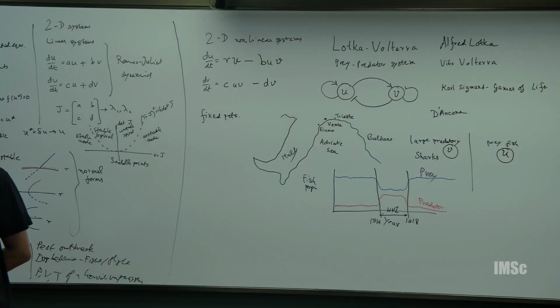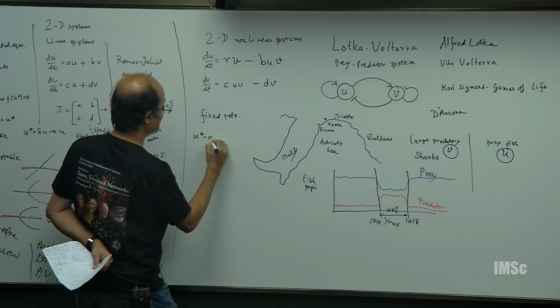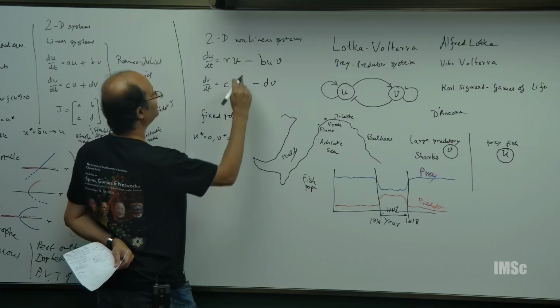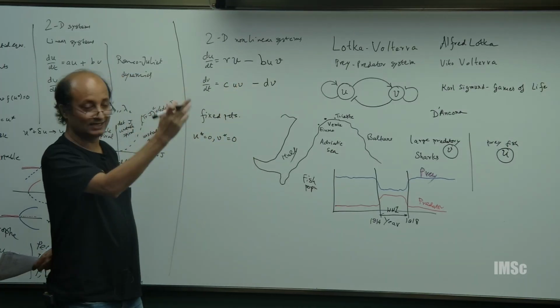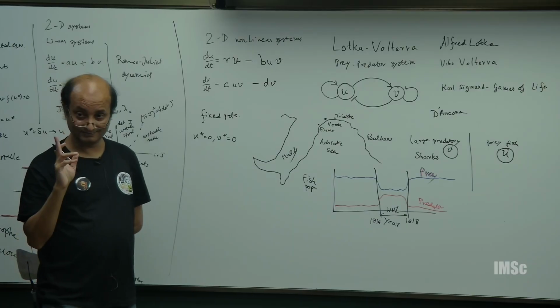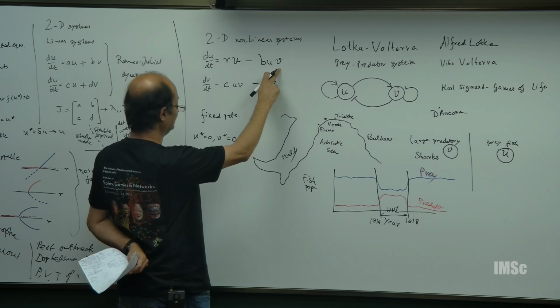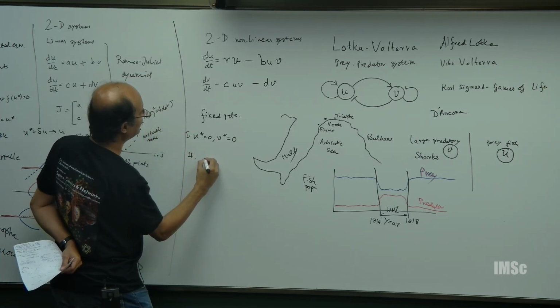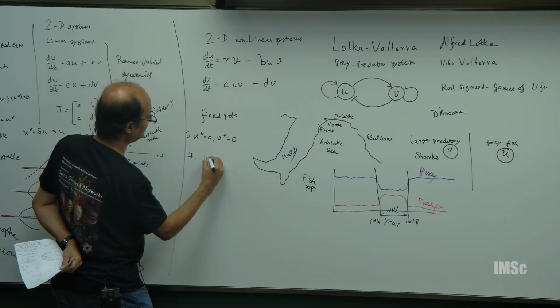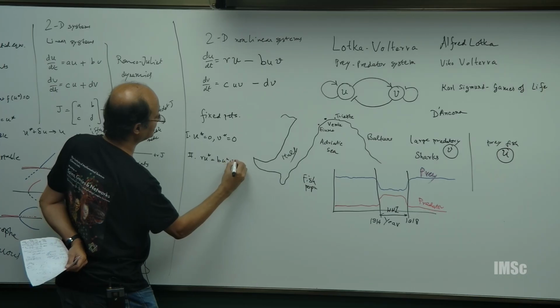There are two equilibria. One is the trivial equilibrium, u star equal to 0, v star equal to 0. If you plug in 0, 0, it's trivially 0. But there's another one. You could set Ru equal to BUV. So for the second one, R u star equals B u star v star.